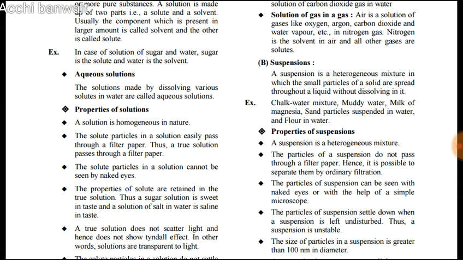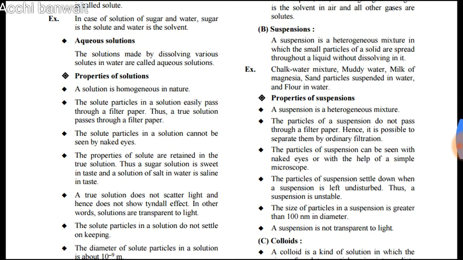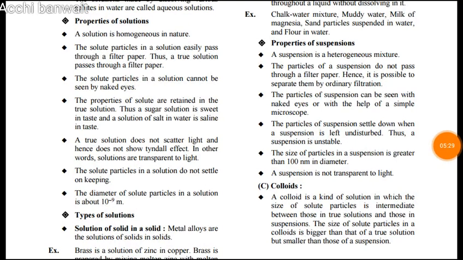So the properties of suspension, let's see. First, a suspension is a heterogeneous mixture that we talk about. Second, the particles of a suspension do not pass through a filter paper, but it does in a true solution. But in the suspensions, the filter paper can separate it. Third, the particles of suspension can be seen with naked eyes or with the help of a simple microscope.